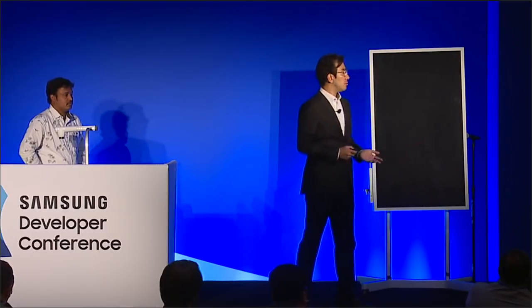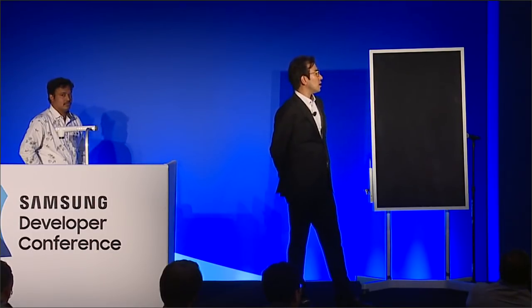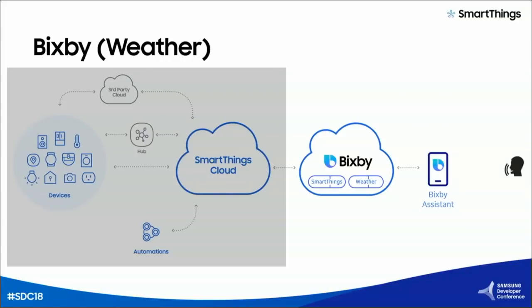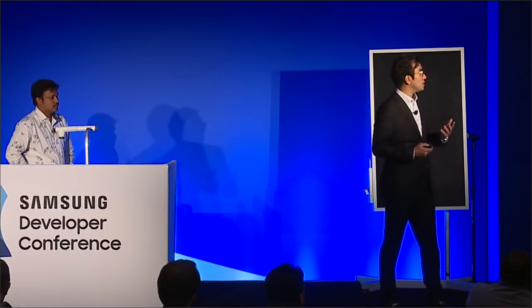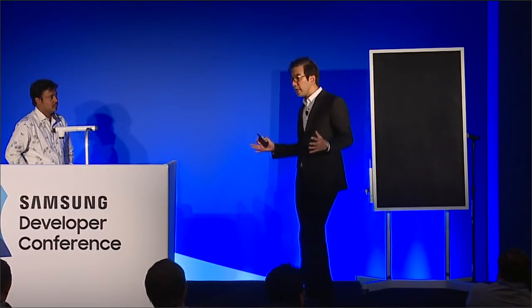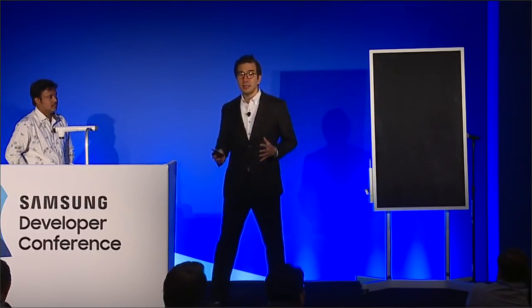So think about it, there are so many capsules in Bixby, but let me explain how a capsule works using the weather capsule. If someone says, show me the weather today or tomorrow or weekly, that utterance goes to Bixby, and Bixby understands this is about the weather, and figures out which capsule handles this utterance best.